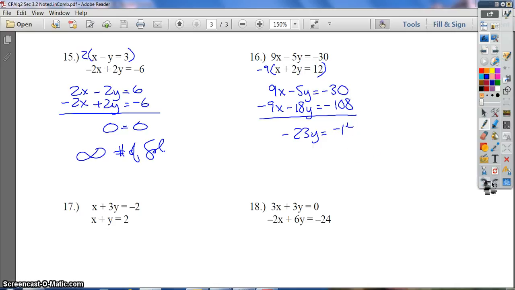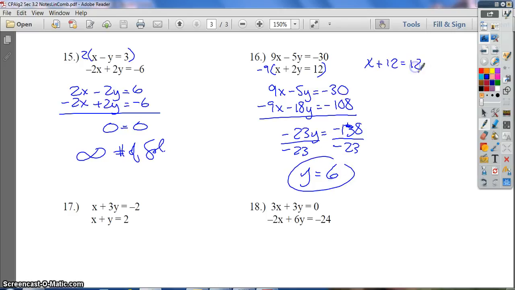My bad. Okay, so I'm going to divide by negative 23. So y is going to be positive 6. So I'm going to put 6 in. So this would be x plus 12 equals 12. X is going to be 0. Okay, so 0, 6. That's my solution.